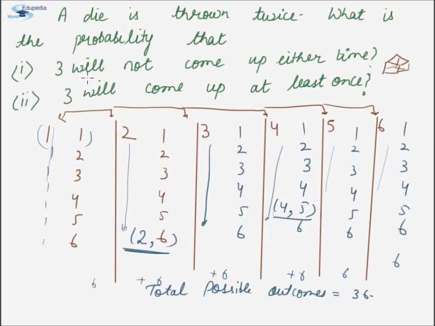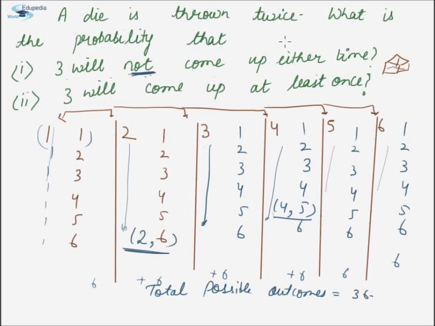So now let us calculate the total possible favorable outcomes where 3 will not come up either time. Or we can also calculate its complement, that 3 will come up either time.